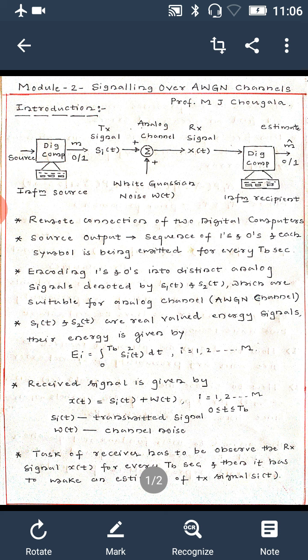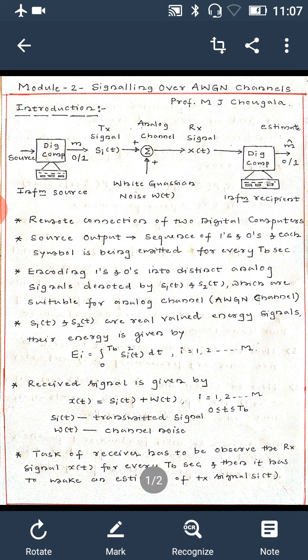Irrespective of the frequencies of the different colors, the intensity of white light is uniform for both positive and negative frequencies. Similarly, white noise has a constant, uniform power spectral density irrespective of positive or negative frequency. That's why this noise is termed white noise.